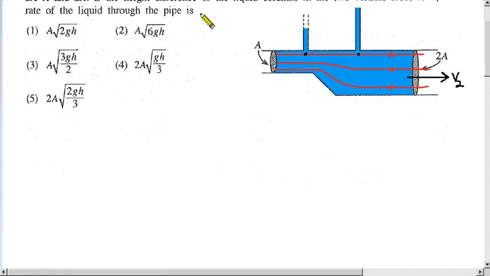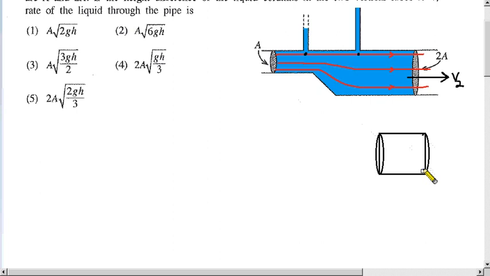So the water column leaving the horizontal tube, let's take it like this, per second. The water column leaving the tube per second. That's what we have drawn here.